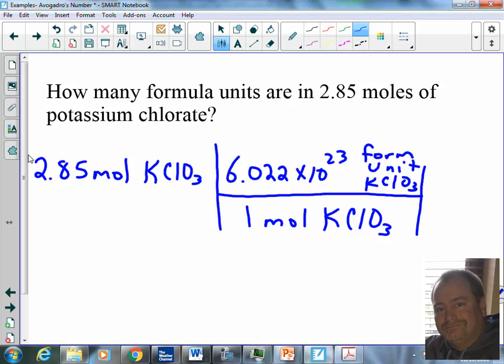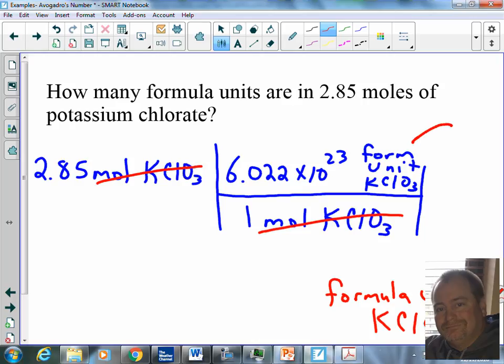Do I get my labels to cancel? Well, I get mole here to cancel. I get a mole here to cancel. So my new label is going to be formula units of KClO3.